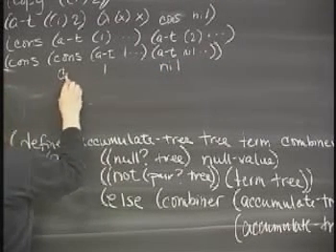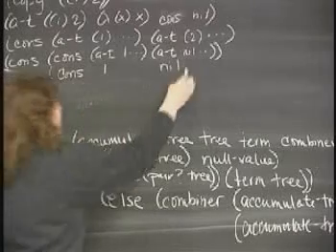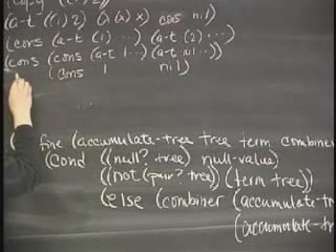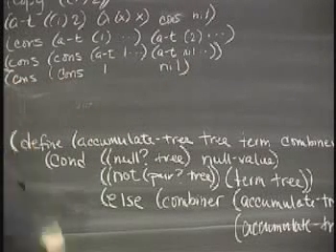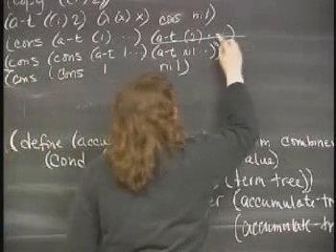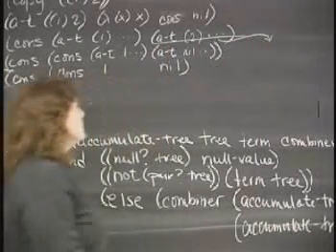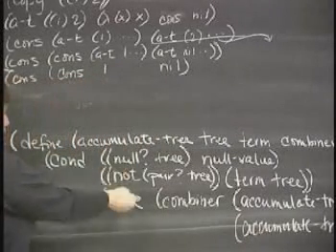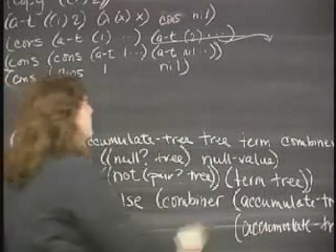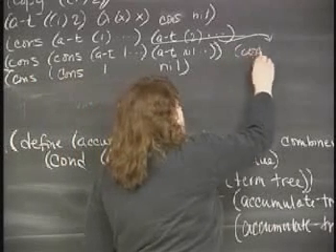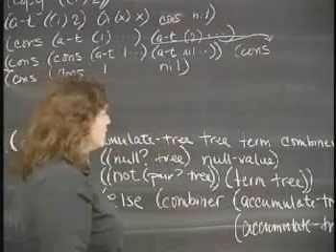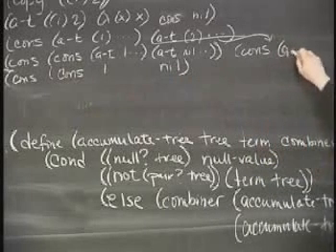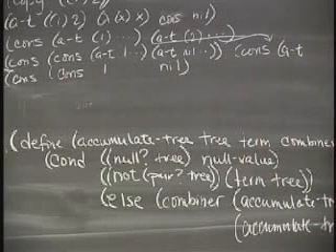So here we've got cons 1 nil. Now let's go off and look at accumulate tree on the list 2. Well, that's not null. It is a pair, so we fall through to here. And we're going to cons accumulate tree on the car, which is, what's the car of the list 2?